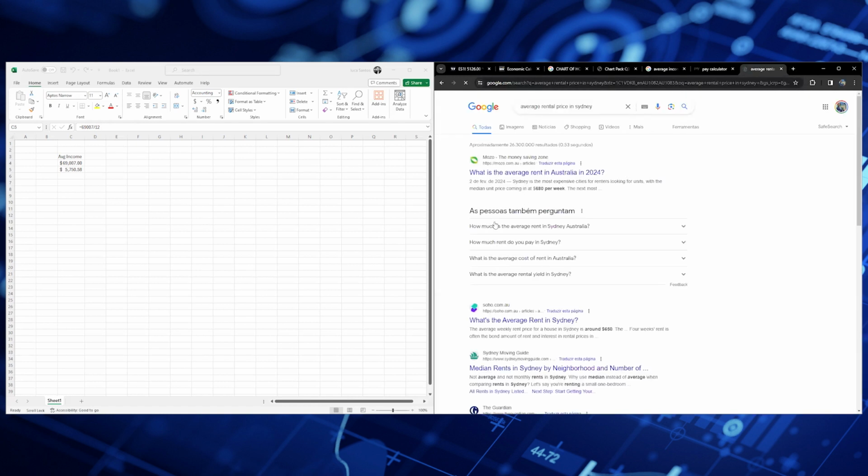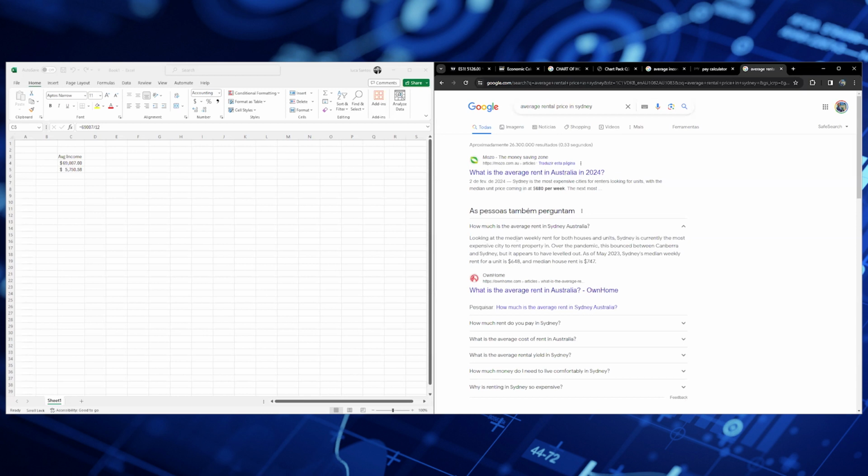Looking at the median weekly rate for both houses and units, Sydney is currently the most expensive city to rent property in. As of May 2023, Sydney's median weekly rent for a unit is $648, and the median house rent is $743.